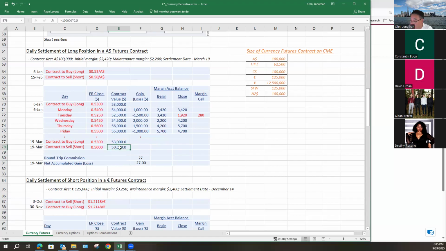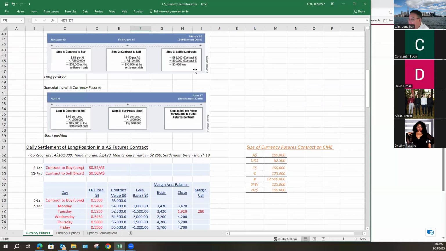So your net gain at settlement is the last value minus this one here. In this case, actually, you got a loss. That is what happened here. $3,000 loss. Right?